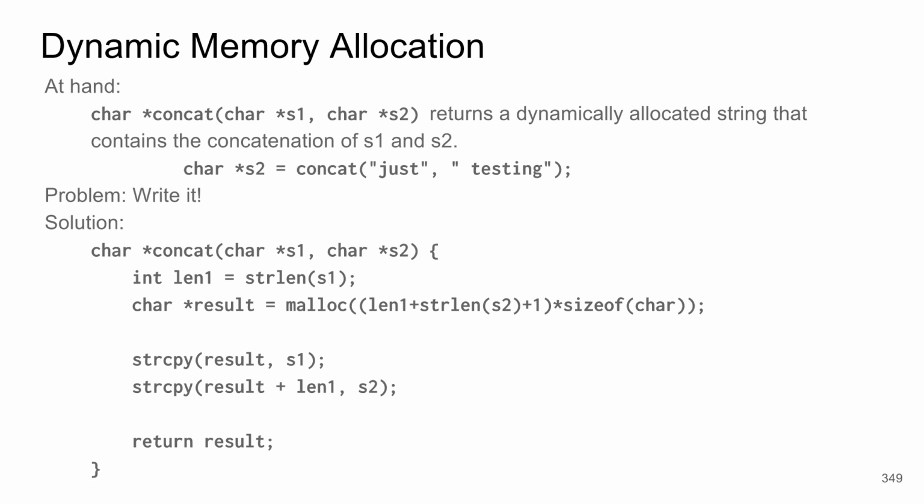That's literally the whole thing, right? Does everybody see how this is working? How this is allocating the memory for the strings and everything? Cool. All right.